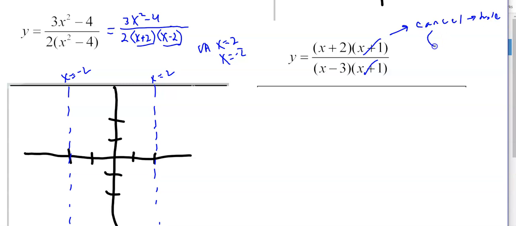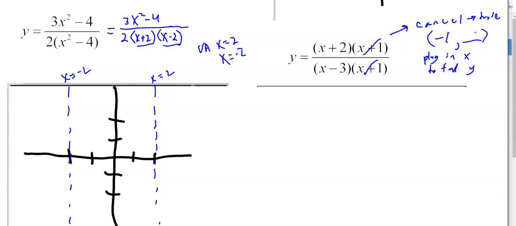Normally you would think there's an asymptote at x equals -1, but there's going to be a hole at -1. But you have to figure out the y value. To figure out the y value, the key to this one is to plug in x to find y. So once you know, normally there would have been an asymptote at x equals -1, but there's going to be a hole at -1.